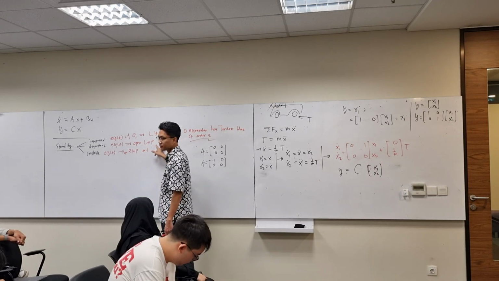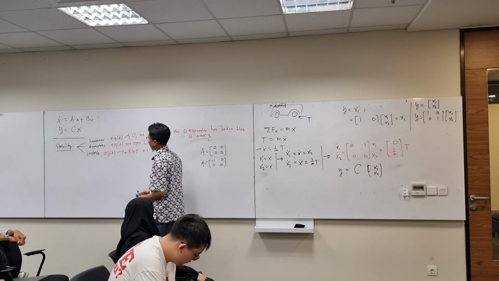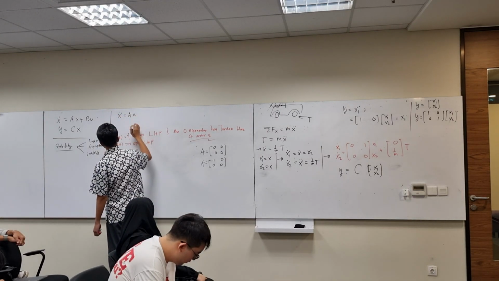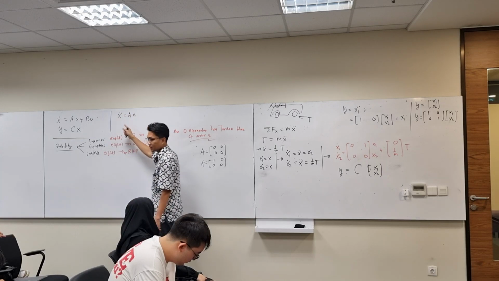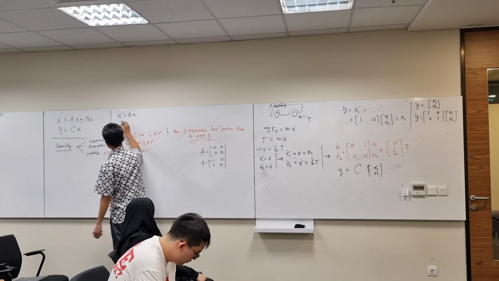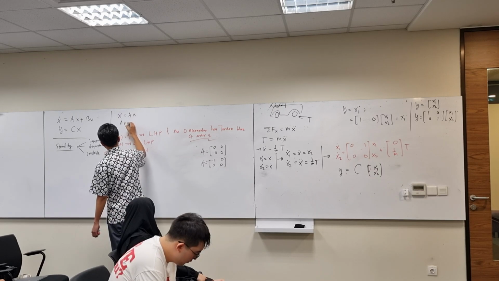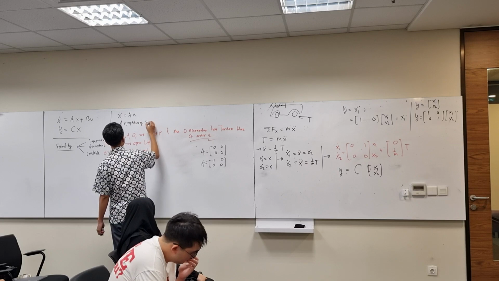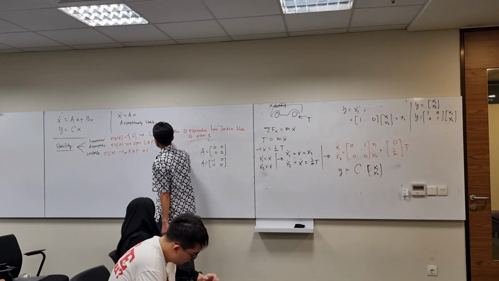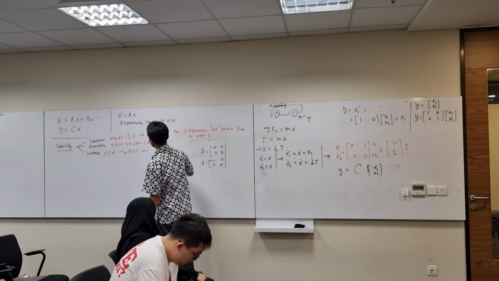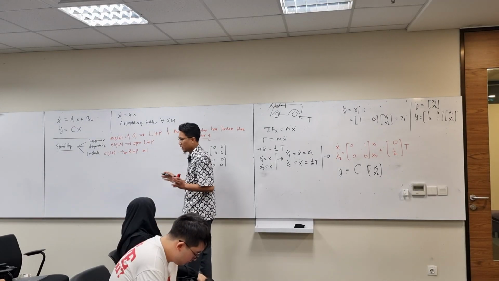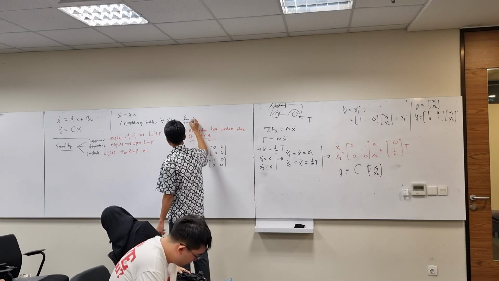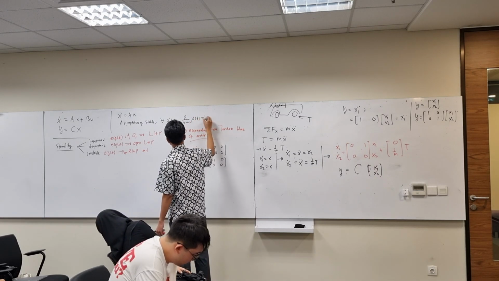When your system is asymptotically stable, then for any initial condition, the limit as t goes to infinity of x(t) will be 0.